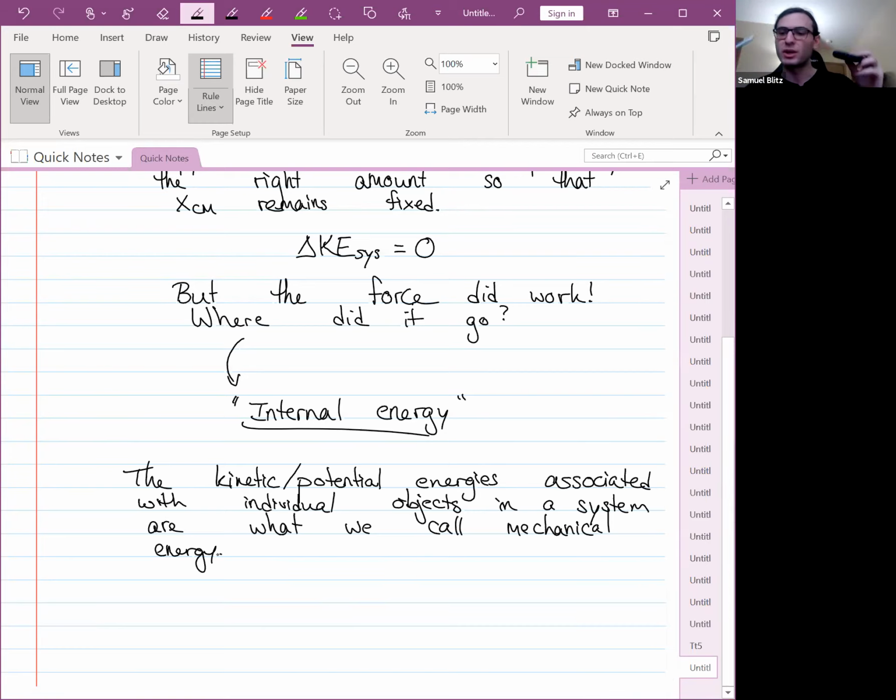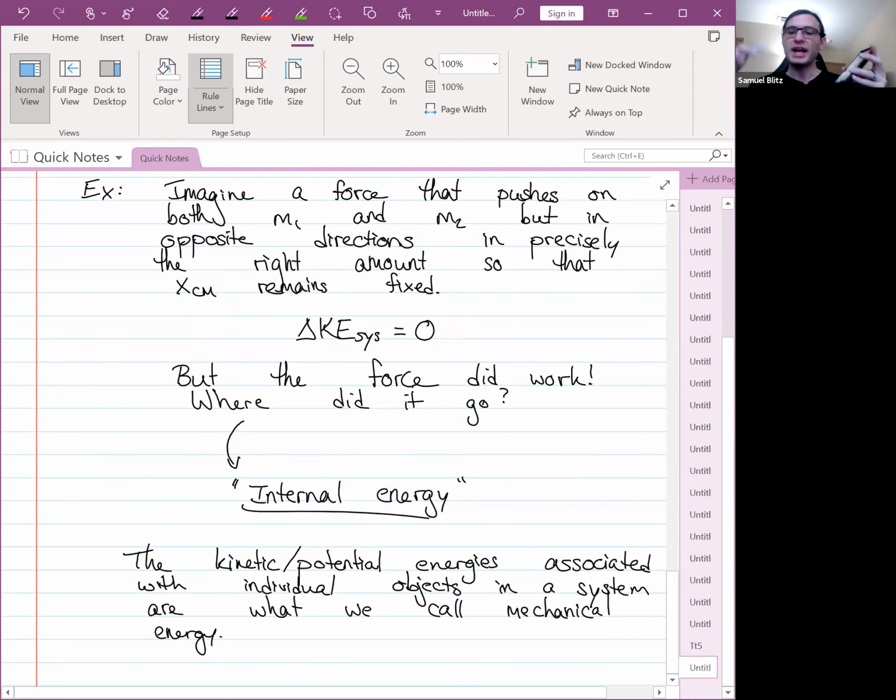Maybe there's a spring between them, whatever. We can talk about the mechanical energy of those objects, but what we're not talking about is the individual motion of atoms in this phone. We ignore those when we talk about mechanical energy. Mechanical energy refers to the objects in a large system, not the particles in an object.